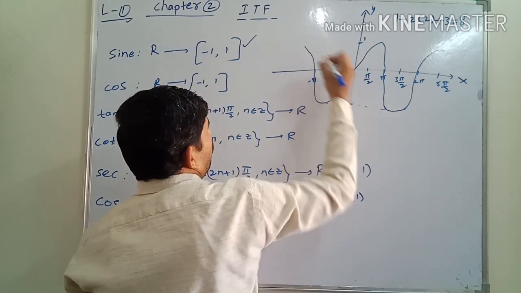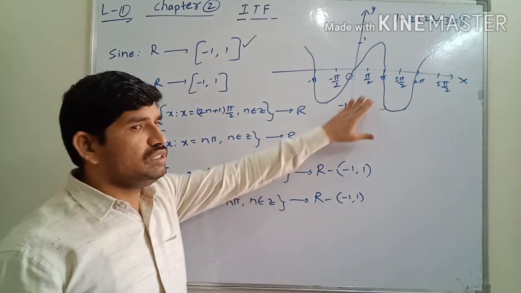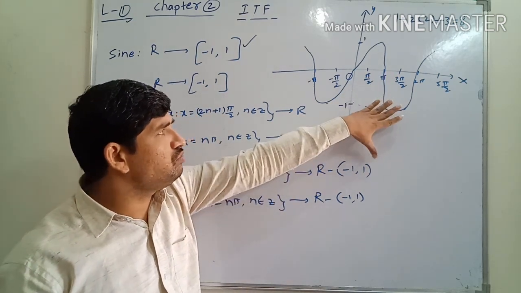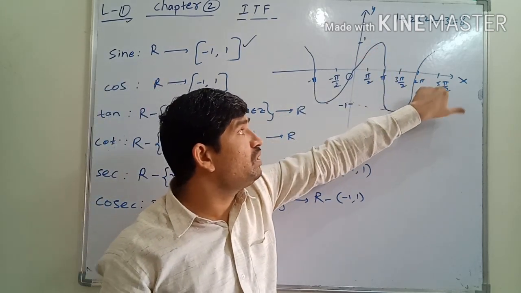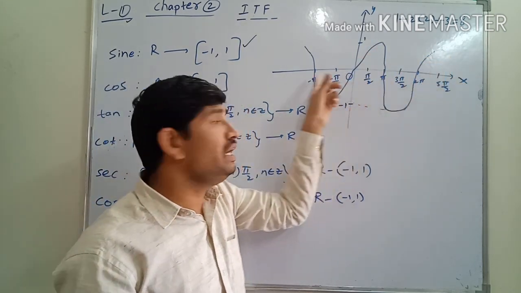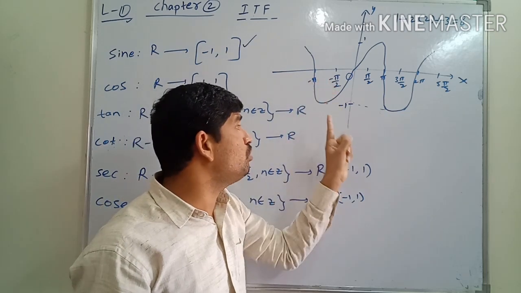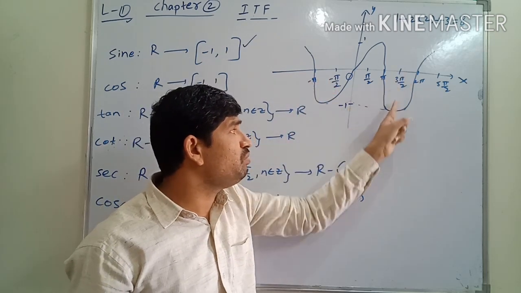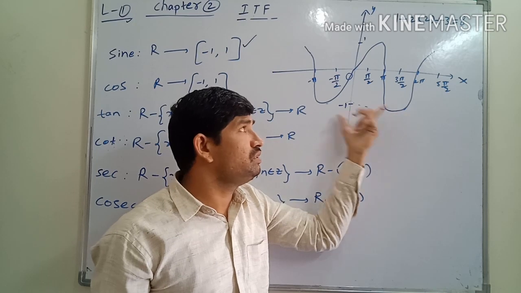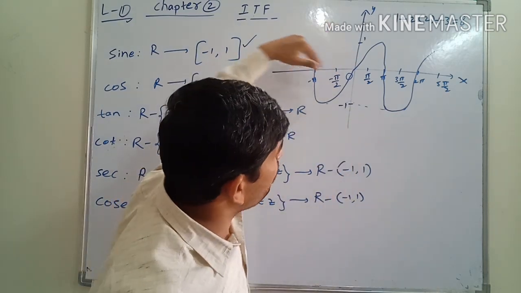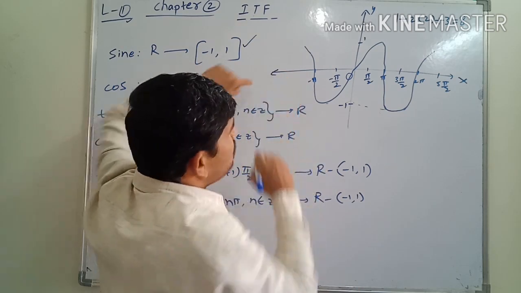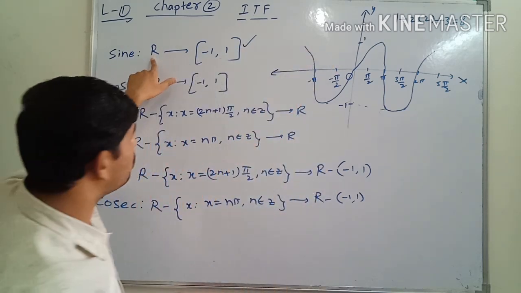Okay. Now see the graph of this here. What are we observing in this? Sine 90 is giving 1, and sine 5 pi by 2 is also giving 1, and sine minus pi by 2 is giving minus 1, and sine 3 pi by 2 value is also again minus 1. So in this graph we are observing, and one more thing, by substituting, these are all the real numbers on the x-axis, we are taking all the real numbers as domain.